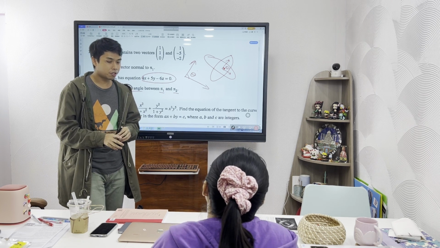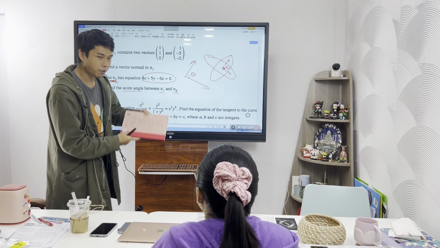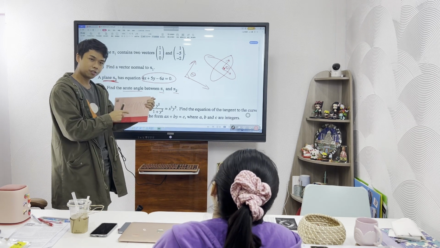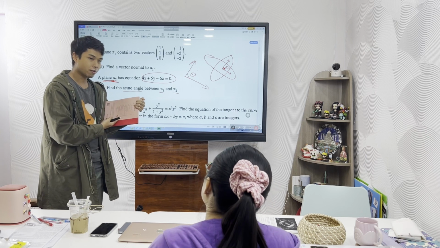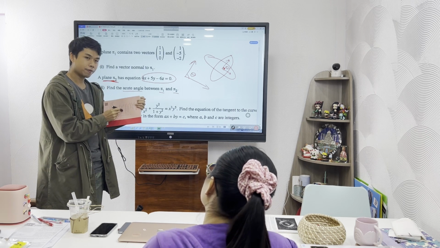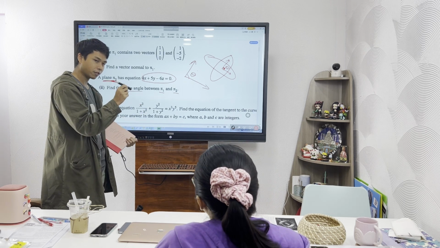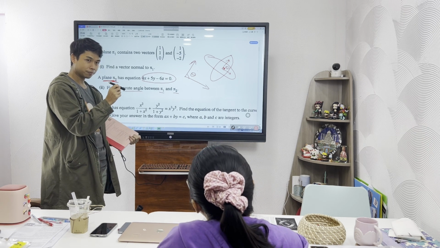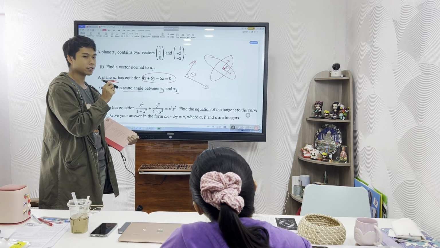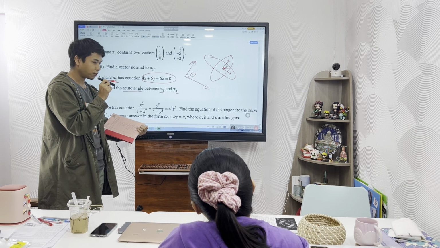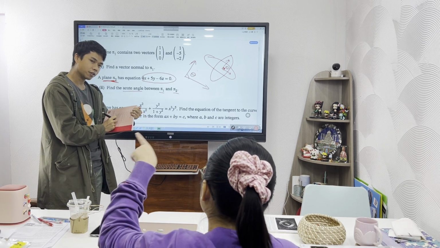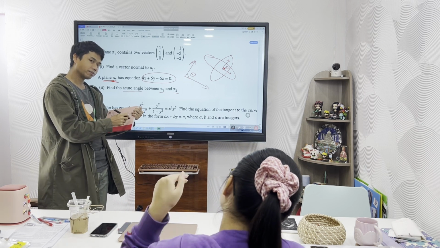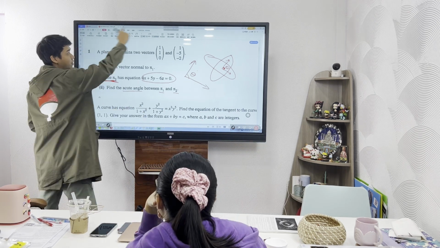Okay. Because imagine this plane has so many vectors. You can pick any vector, but that doesn't define this plane. But this vector is fixed, correct? There is only one vector that's perpendicular to the plane. This is a plane, correct?